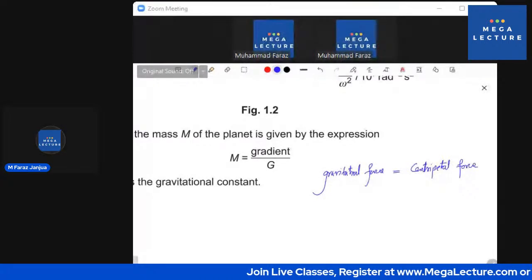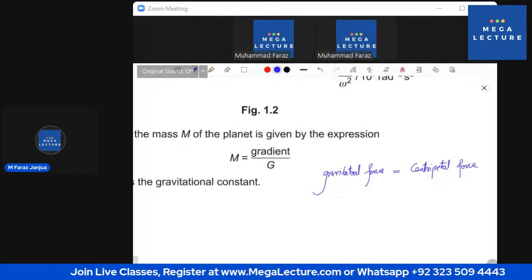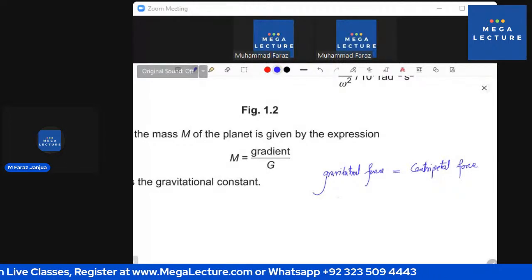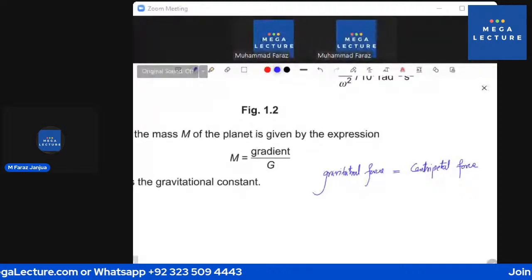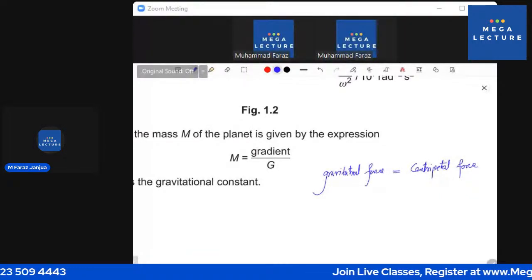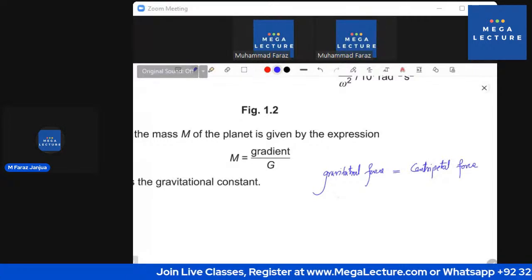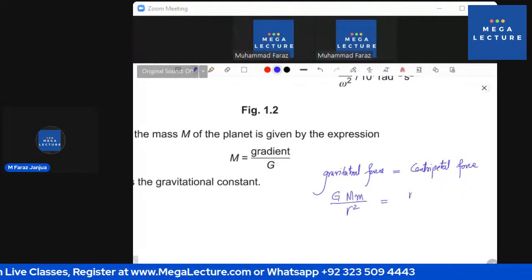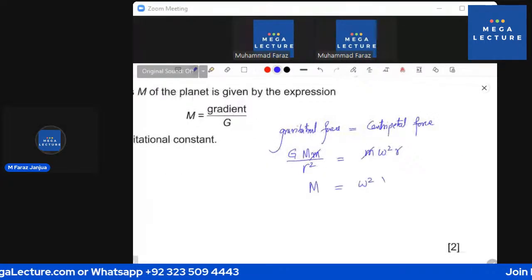So G M m over r square equals m omega square r. Small m cancels. Capital M equals omega square r cube over G.